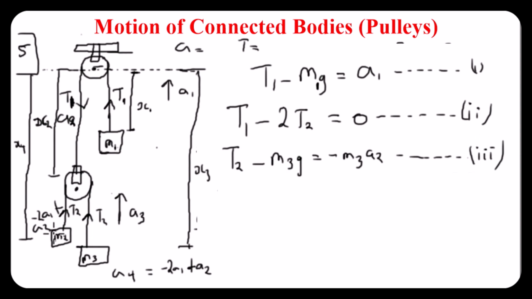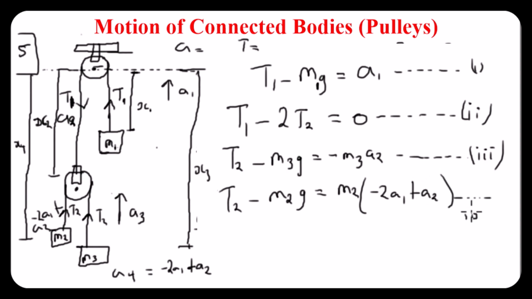And lastly, the last equation will again have upward positive, downward negative. So we have T2 minus M2g, and this will be equal to M2 times the acceleration. The acceleration here is given as minus 2a1 plus a2, and then this is our equation 4.